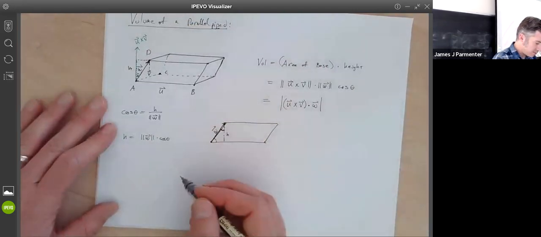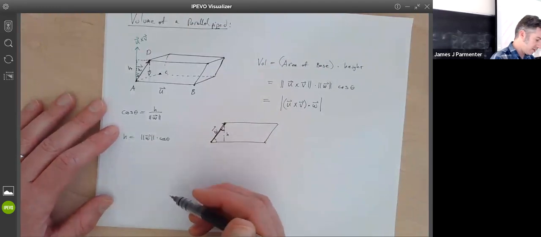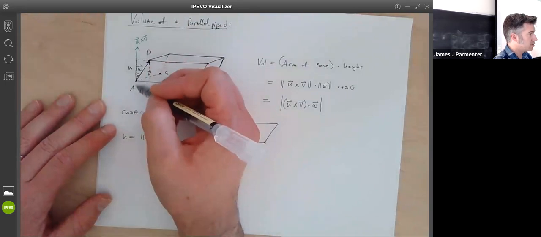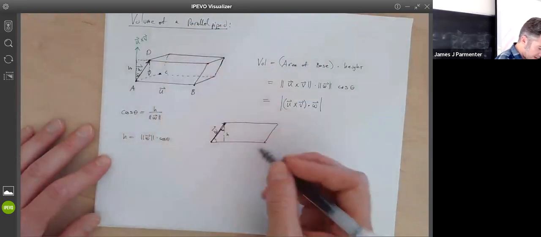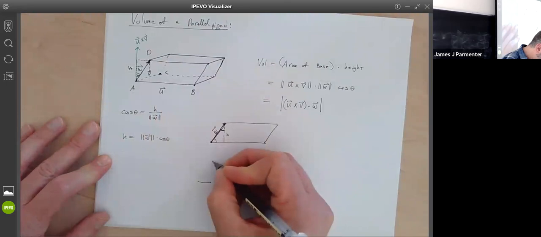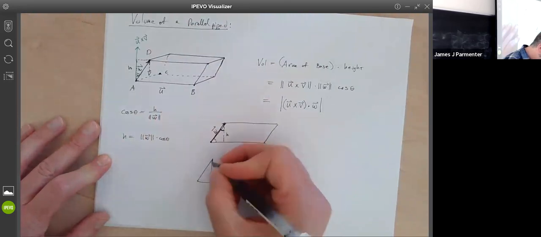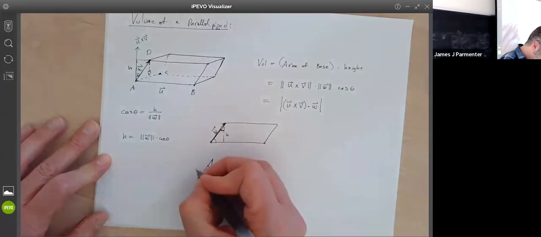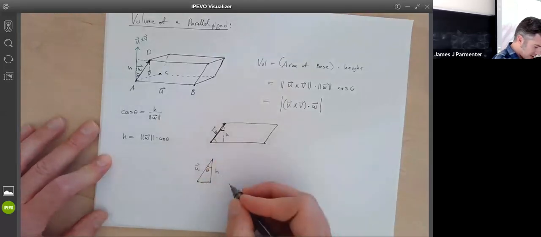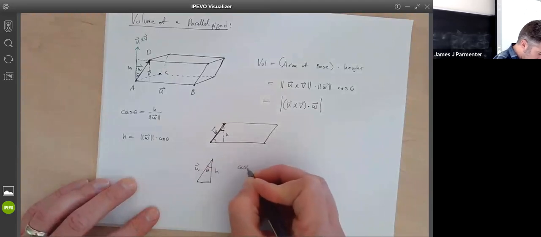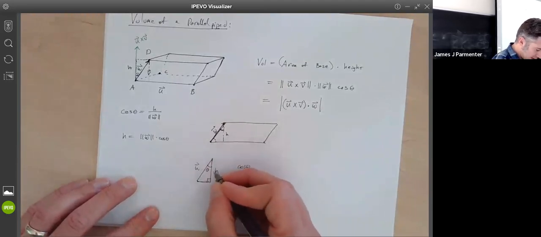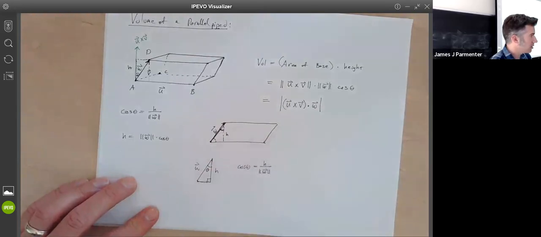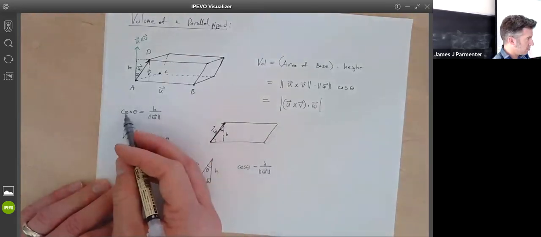How to say this the right way? If I'm trying to find this height, there's two ways I could have done it. If I think about this angle here instead, maybe that one's a little easier to see. If this is W and this is H, then cosine of my angle is the adjacent over the hypotenuse, which is the exact same thing I'm getting over here.